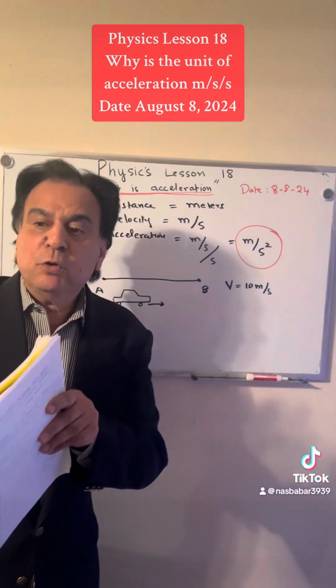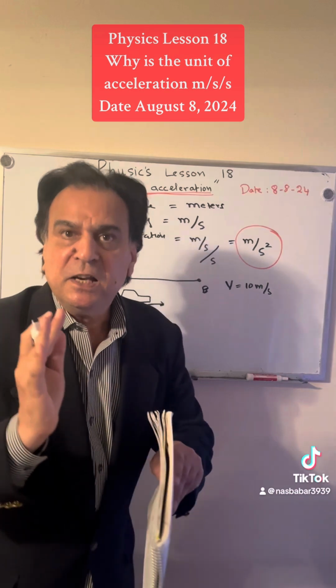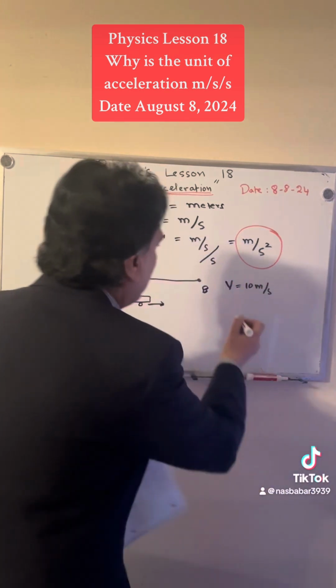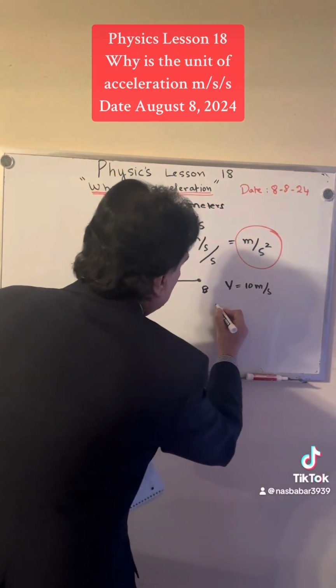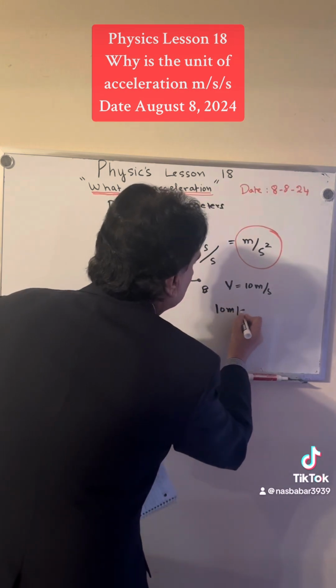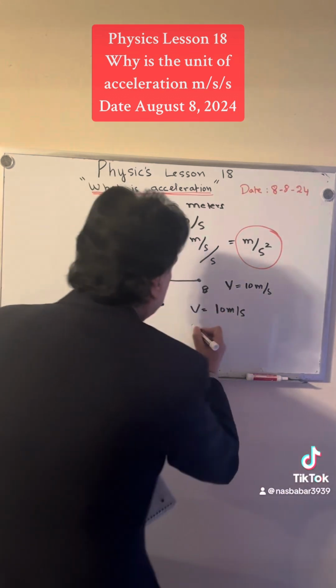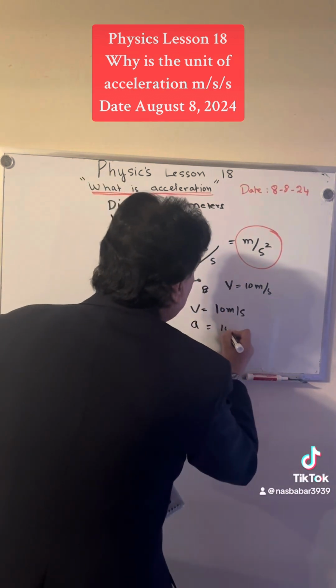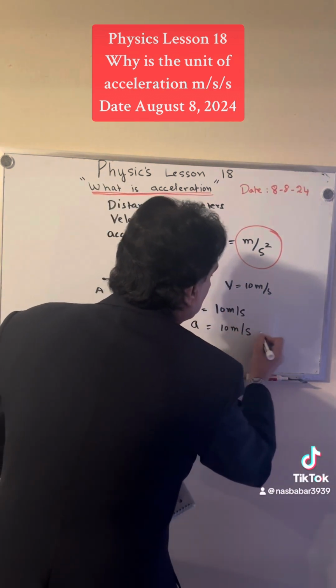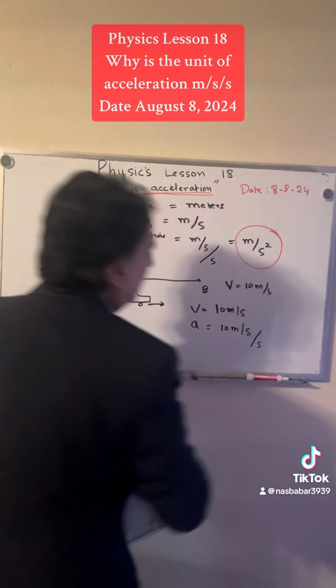So your velocity is being increased every second. That is exactly what it is. Your velocity is increasing every second. That is acceleration. So that is where this second square comes in.